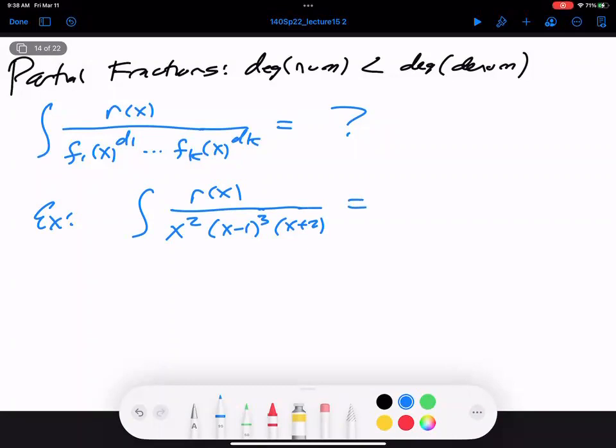Then, actually, let's do x squared plus 2. What would this equal?